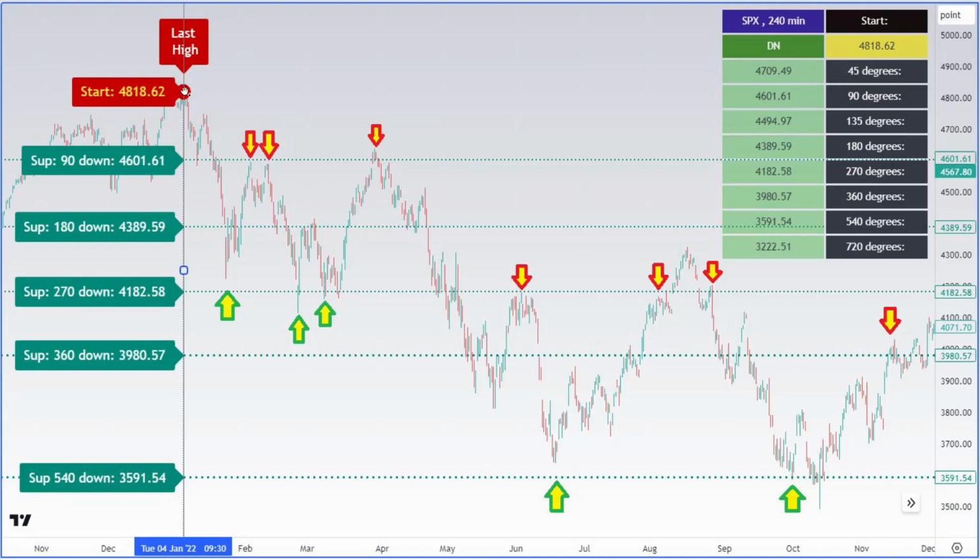This is why the tool is much more efficient and much easier to use than the widely available Fibonacci extension tool. With the Fibonacci extension tool, you would need to pick 3 points on the chart: the top, the bottom of the first move down, and the third point, the top of the pullback.